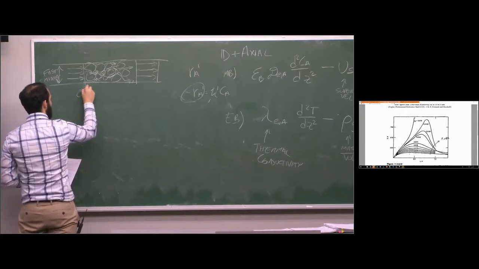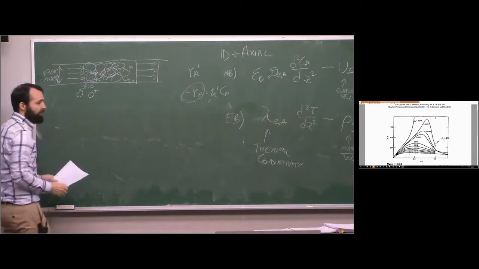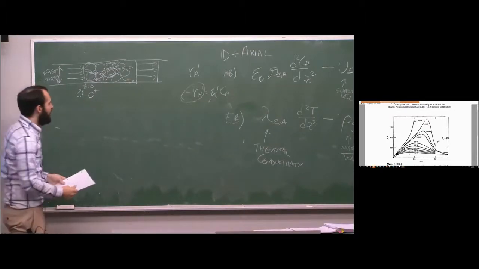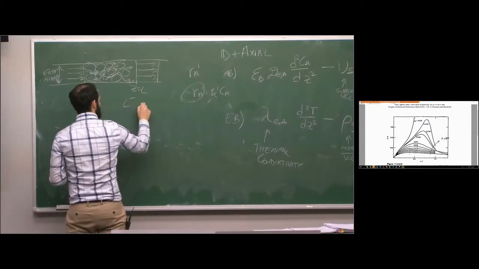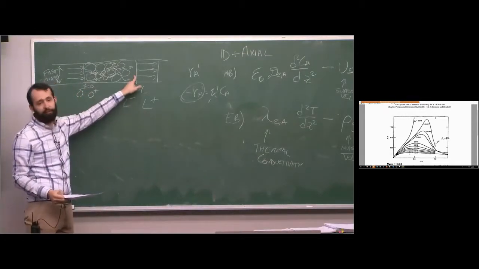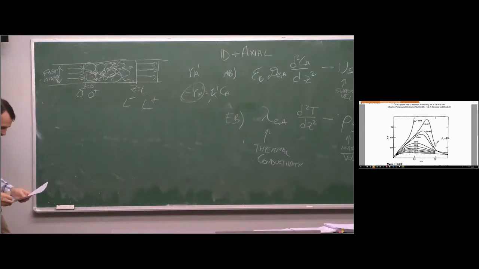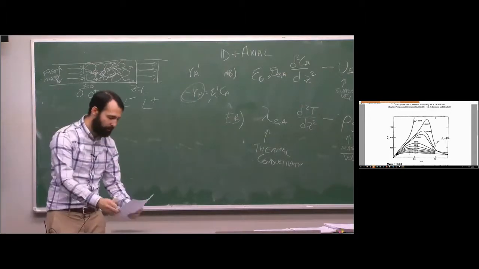If this is z equals 0, then I have two very different environments just to the left of 0 and just to the right of 0. And you can make the same argument over here, that I have two very different environments just to the left of the end of the bed and just to the right of the end of the bed. There are a lot of different boundary conditions that have been proposed to solve this problem.